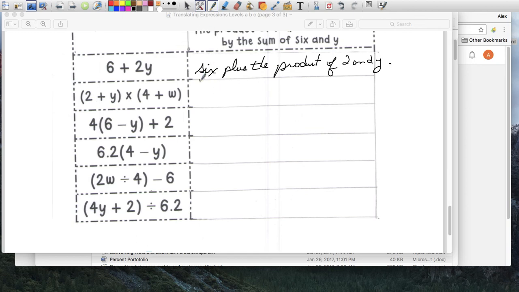Okay. Here we got the sum of 2 and w and y. Okay. Comma, times the sum of 4 and w. Okay, so let's see.